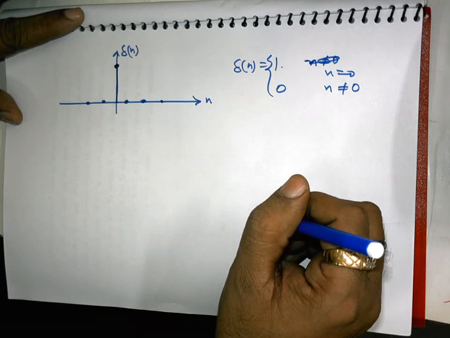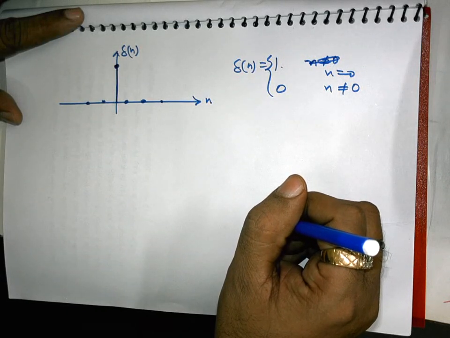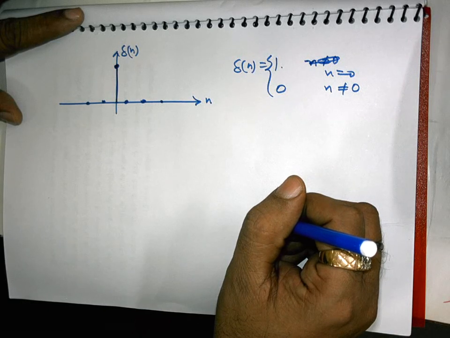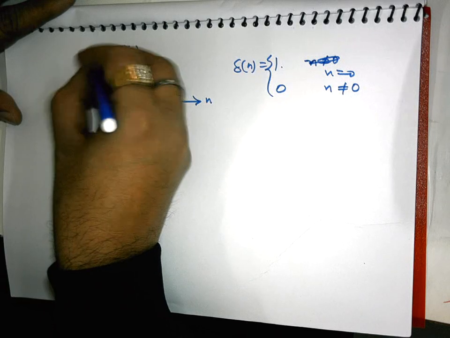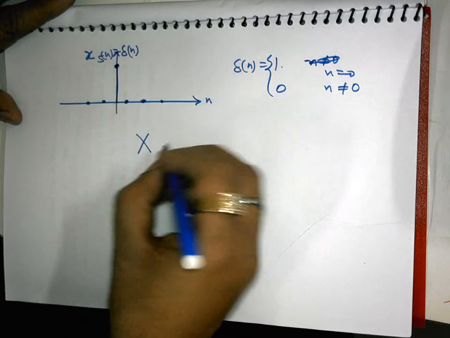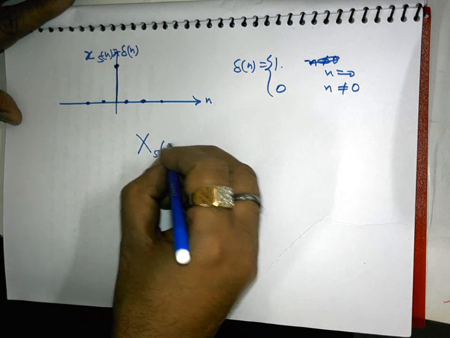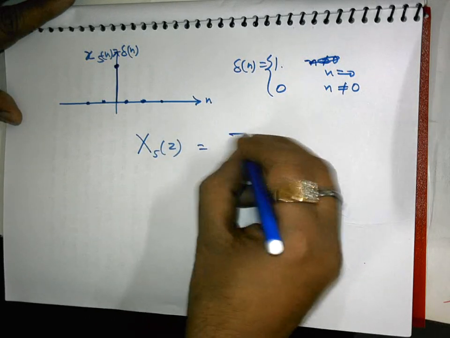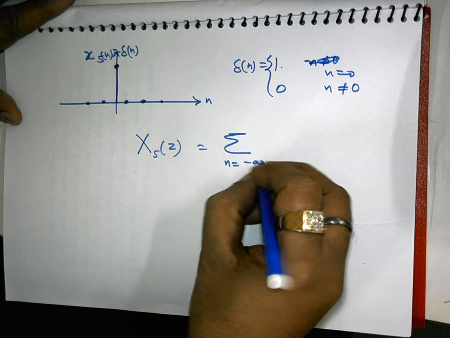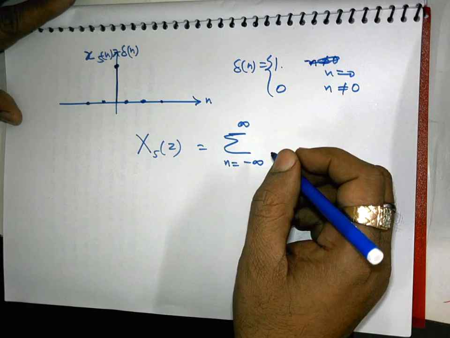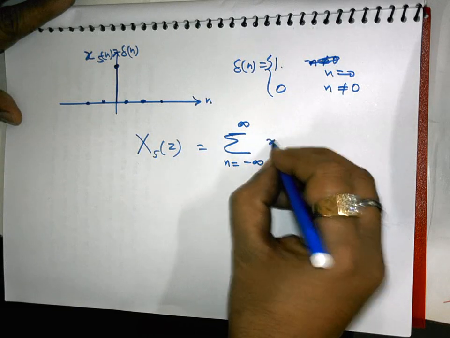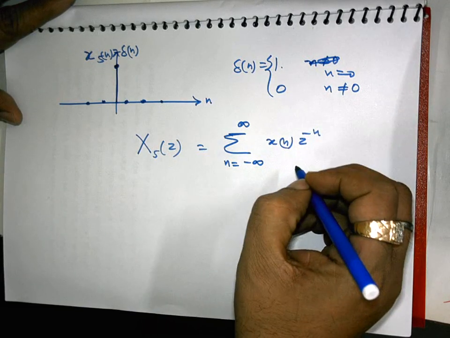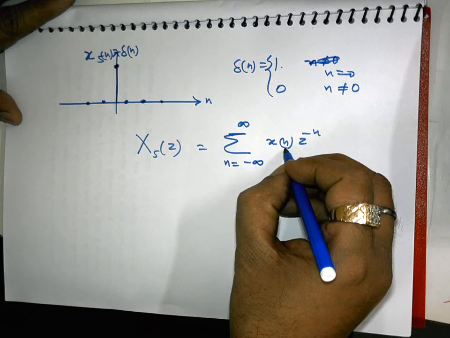So if I am asking you to evaluate the Z transform of the unit impulse signal, suppose this is defined as x5[n], so X5(z). The defining relationship of the Z transform gives us the summation over n equal to minus infinity to infinity of x[n] z to the power minus n. At any other n except n equal to 0, its value is 0, so meaningless to write.